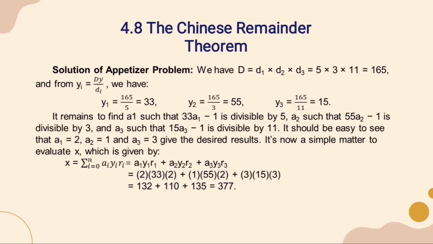It remains to find a1 such that 33 a1 minus 1 is divisible by 5, a2 such that 55 a2 minus 1 is divisible by 3, and a3 such that 15 a3 minus 1 is divisible by 11. It should be easy to see that a1 equals 2, a2 equals 1, and a3 equals 3 give the desired result.